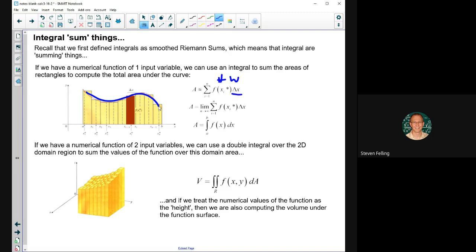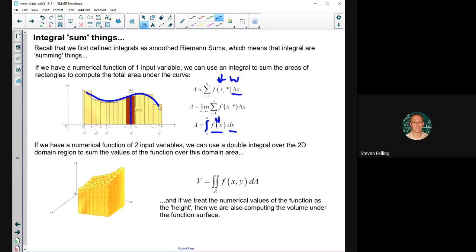The widths would be changes in the x variable in the domain. And then the height would be established by the function value at that particular x value for that slice. And then we smooth this into an integral, right? When we take an infinite number of these rectangles, and this just becomes f of x dx, where f of x is the height.